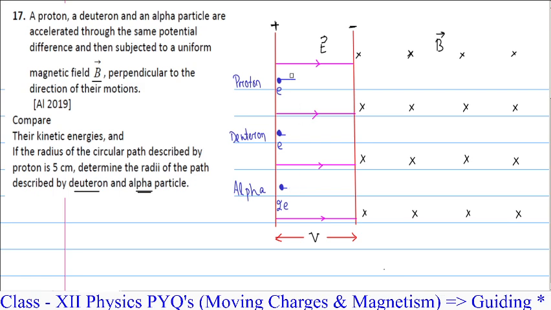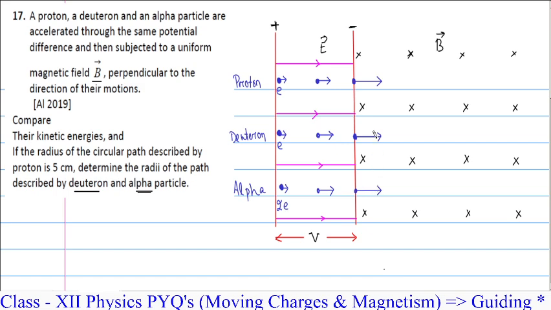Initially, as they have just started their motion, they will have a little less speed, but at this instant they will have more speed as they are accelerating in an electric field, and when they reach this point, they will have the maximum speed.